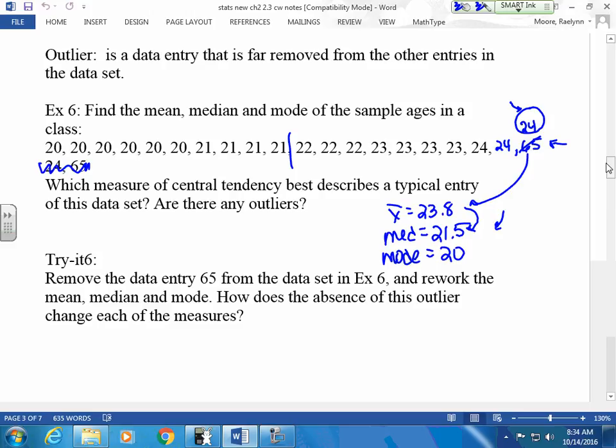Just put them all in, add them together, and then how many are we? There should be 20 numbers you're going to put in. Replace the 65 with a 24. I don't want to remove it because I don't want to throw my median off right now. It will throw it off just a little bit. I just want to replace it.